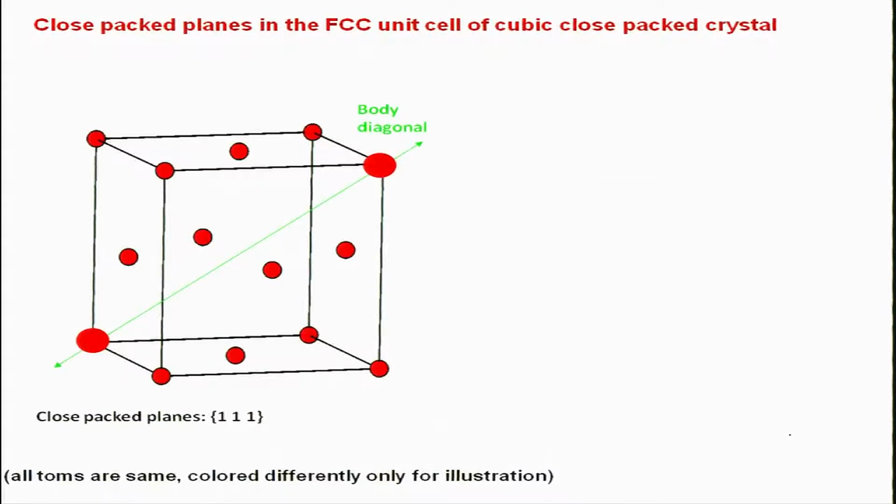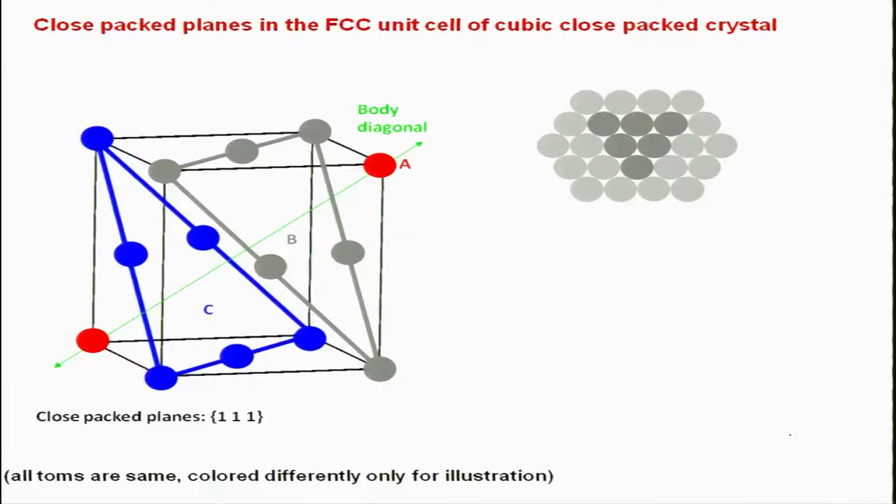So this is the FCC unit cell. So this is the close packed plane, these are the close packed planes, this is the direction. This is not the close packed direction, this is just the body diagonal. Body diagonal is perpendicular to these planes. Body diagonal is nothing but 1-1-1 type, and for a cube we know that this is perpendicular to 1-1-1 plane. Okay. So all the close packed planes are of 1-1-1 type.